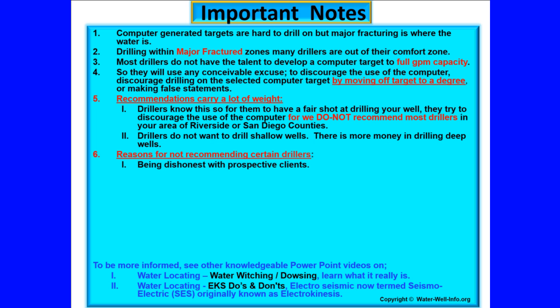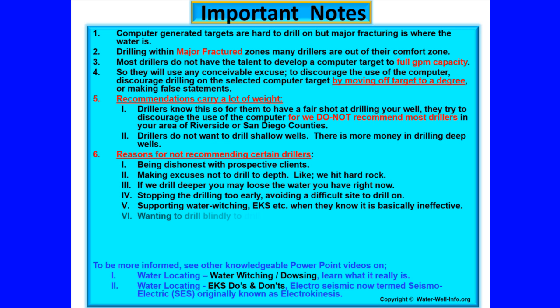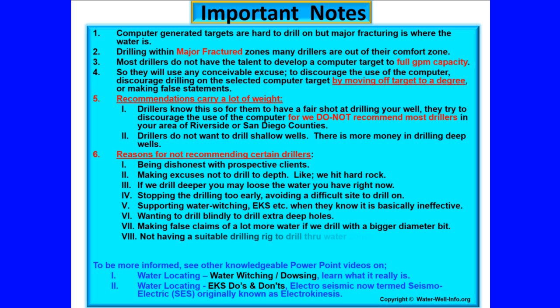Reasons for not recommending certain drillers: being dishonest with prospective clients, making excuses not to drill to depths, like "we hit hard rock; if we drill deeper, you may lose the water you have right now," stopping the drilling too early, avoiding a difficult site to drill on, supporting water witching, EKS, etc., when they know it is basically ineffective, wanting to drill blindly to drill extra deep holes, making false claims of a lot of water if we drill with a bigger diameter bit, not having a suitable drilling rig to drill through water zones for maximum production.